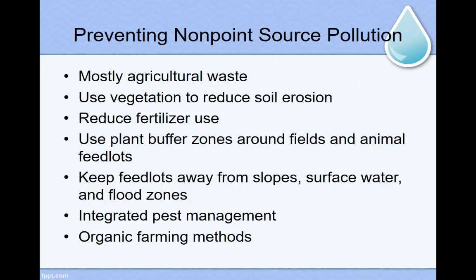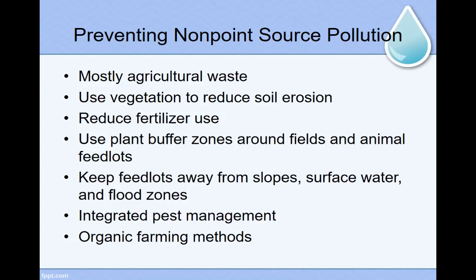Remember that most of this is agricultural waste. If we look at these types of agroecology systems that rely on sustainability, working with nature, you decrease the number of inputs needed, and you're constantly putting a variety of different crops on the soil, which reduces soil erosion and reduces fertilizer use.